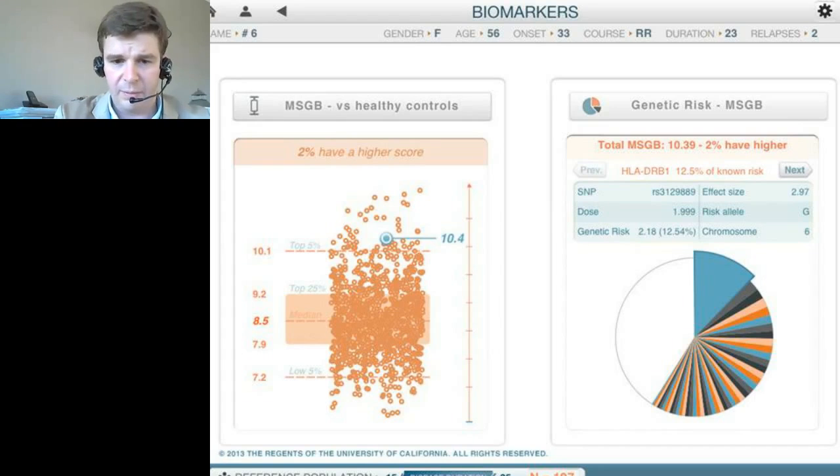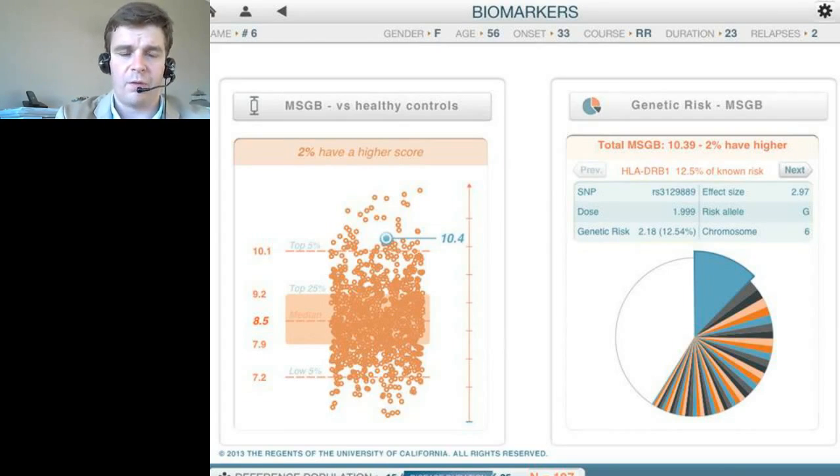So this is typically a patient that is positive for HLA-DRB1*1501, and that represents a certain amount of the known genetic risk, 12.5%. So we show a slice in the full pie of known genetic risk that displays HLA, and all the other small slices here are other risk alleles from markers at different loci that are also present in this particular patient.